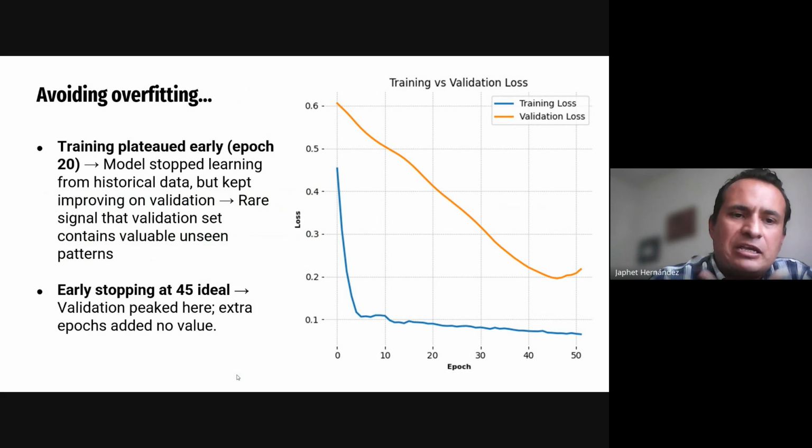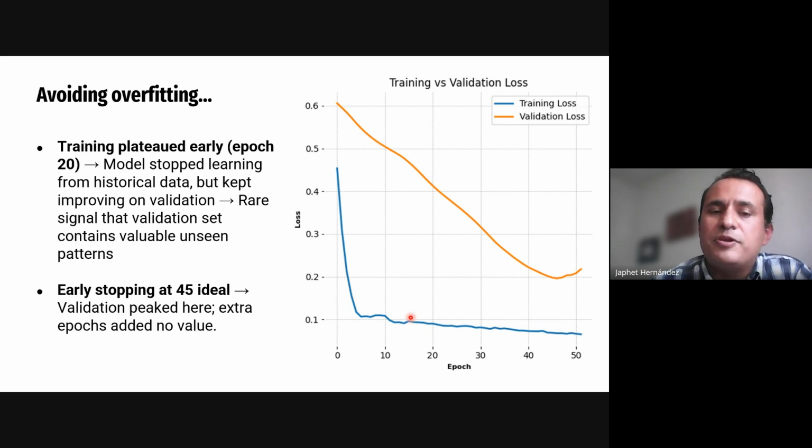About the training, we can see in this training versus validation loss that the training plateaued early, at epoch 20. So what happened? The model stopped learning from historical data, but kept improving on validation right here.